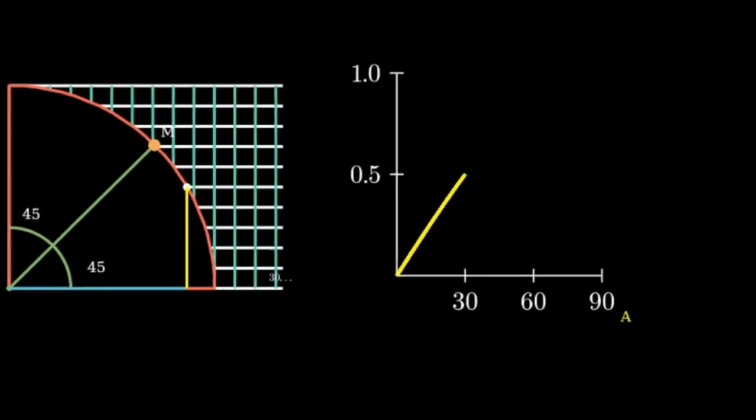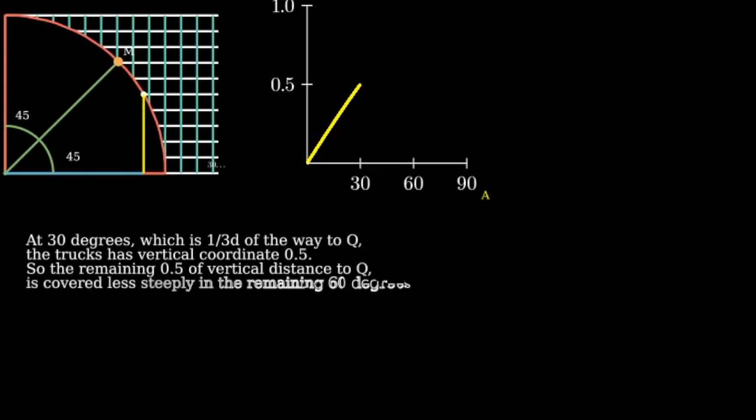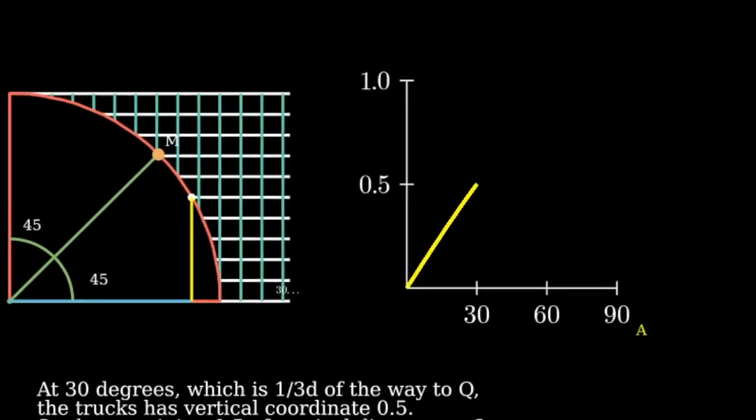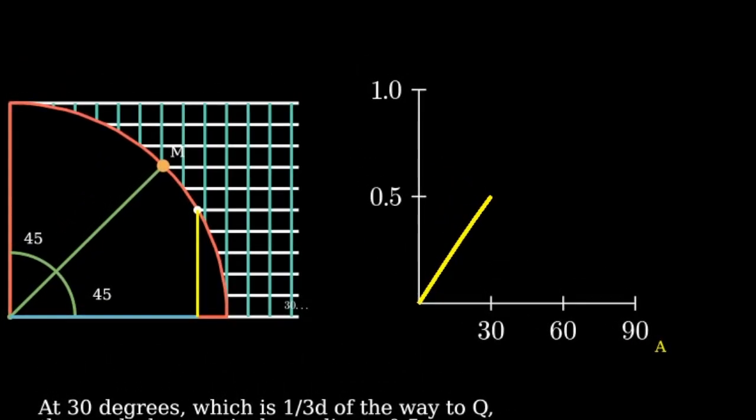It is steepest at the very start and starts getting a little bit flatter as it approaches 30 degrees. At 30 degrees, which is 1/3 of the way to Q, the truck has a vertical coordinate of 0.5, so the remaining 0.5 of vertical distance to Q is covered less steeply in the remaining 60 degrees.